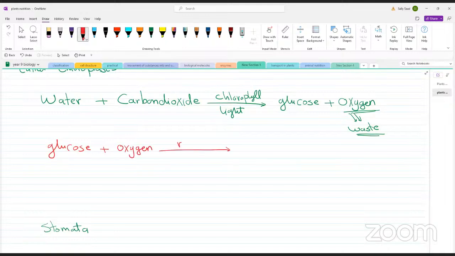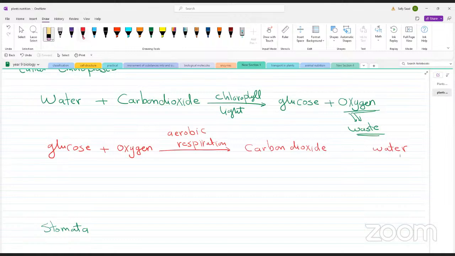And here the process is respiration, not photosynthesis. Or we can say aerobic respiration, which gives carbon dioxide and water.